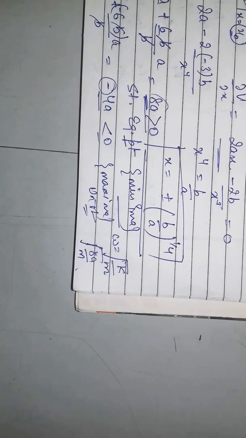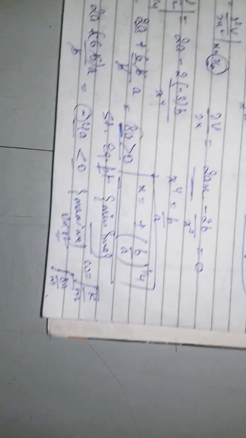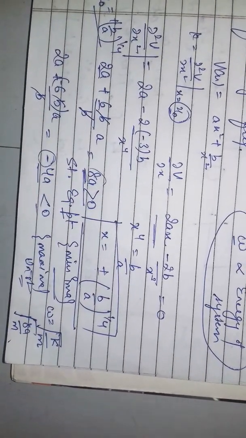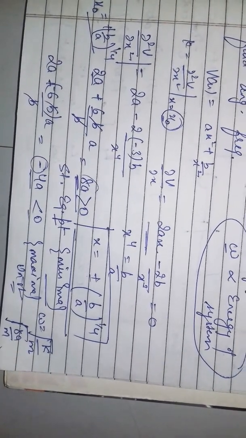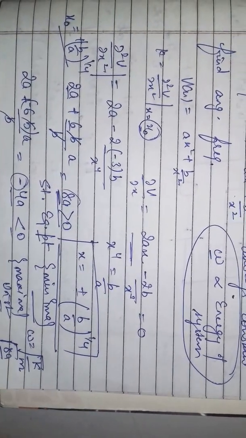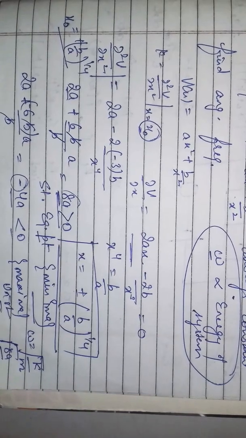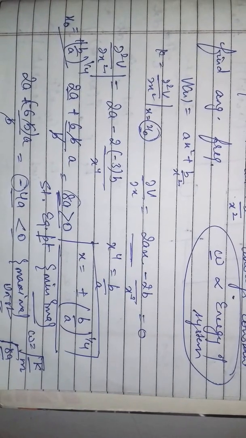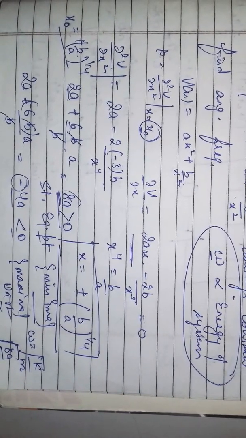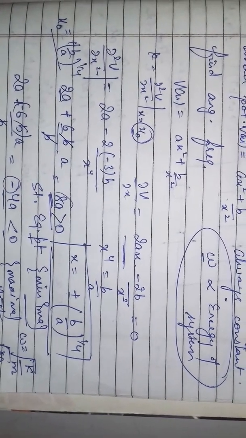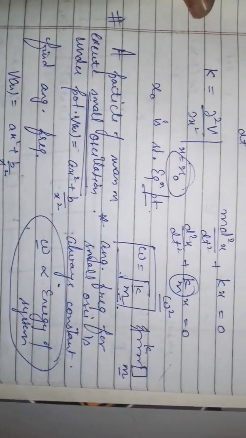This was your previous year question, and you can see how easy it is to solve. And it is a 3.5 marks question, most of the time it comes in the exam. So you can see carefully how easily you can solve this small oscillation problem.